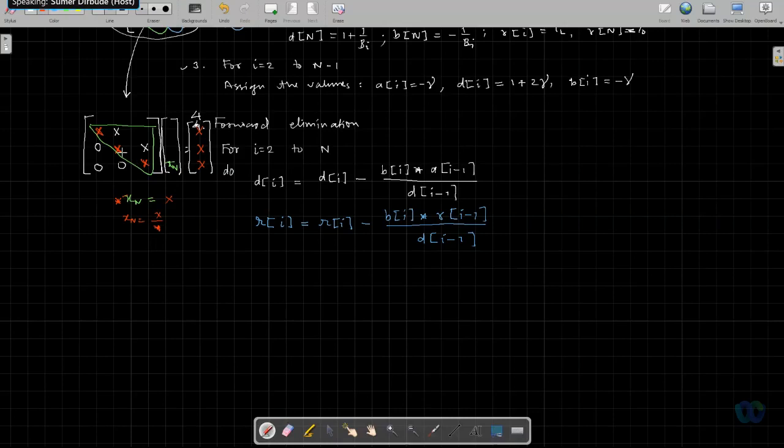Then for the second case, this value is known and this is unknown, so we substitute in a different manner. So the next step, step 5, is called back substitution, backward substitution.